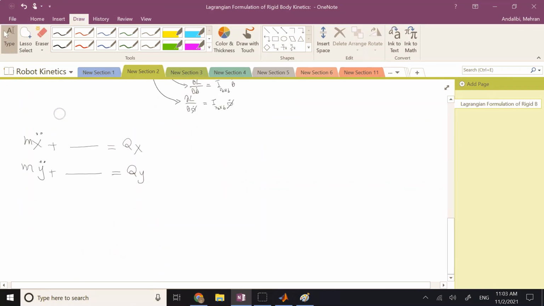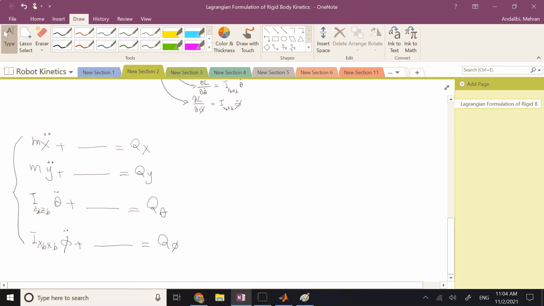We have partial derivative of theta dot, which is going to be I zb theta double dot, plus again the constraint terms is going to be q of theta. Let me clean that up. And I xb phi double dot again plus the term due to constraint is q of phi. So these are the Lagrange Euler equations.